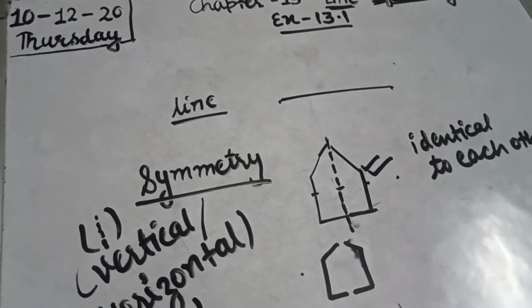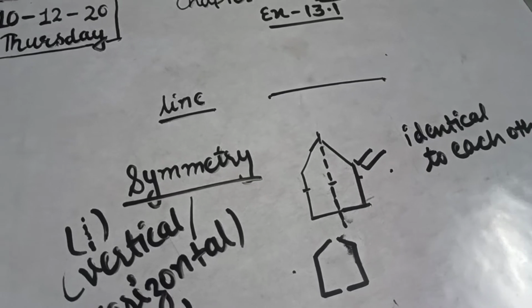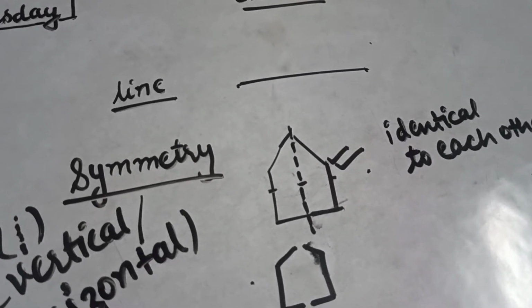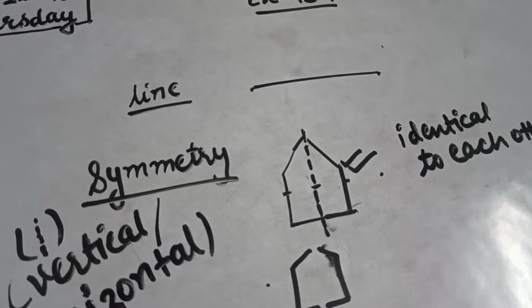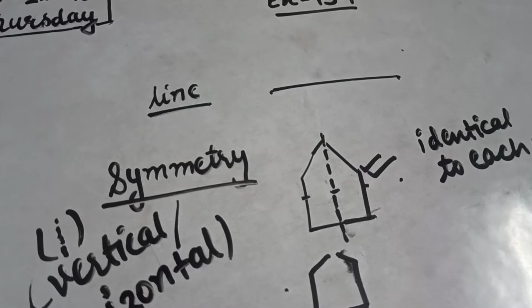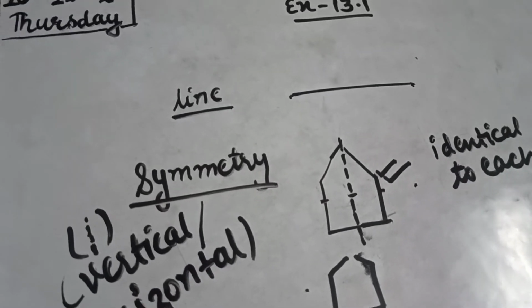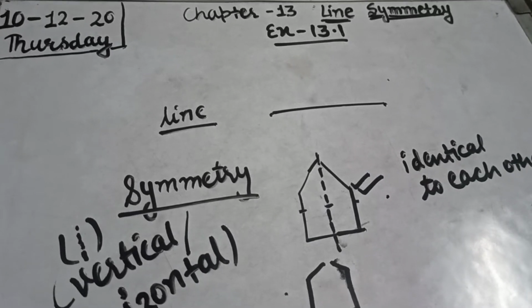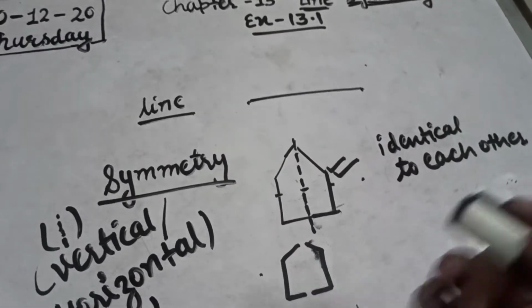That is called the line of symmetry, right? The line, visible or imaginary, which divides an object or image into two matching halves is known as the line of symmetry, or you can say the axis of symmetry. Okay? Clear the meaning of line symmetry?